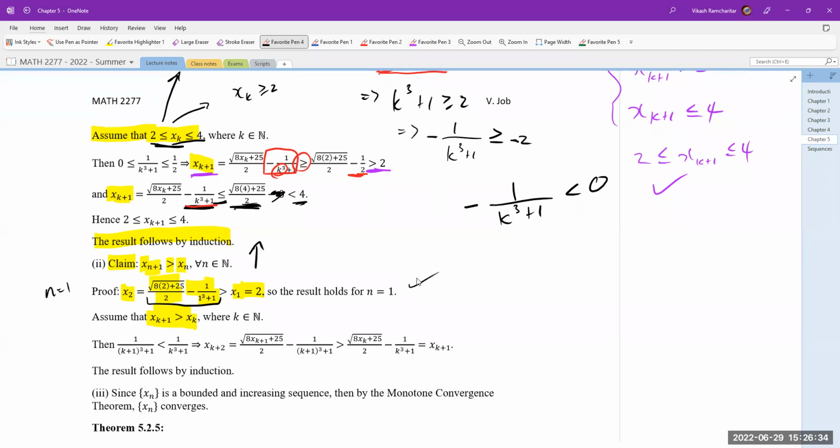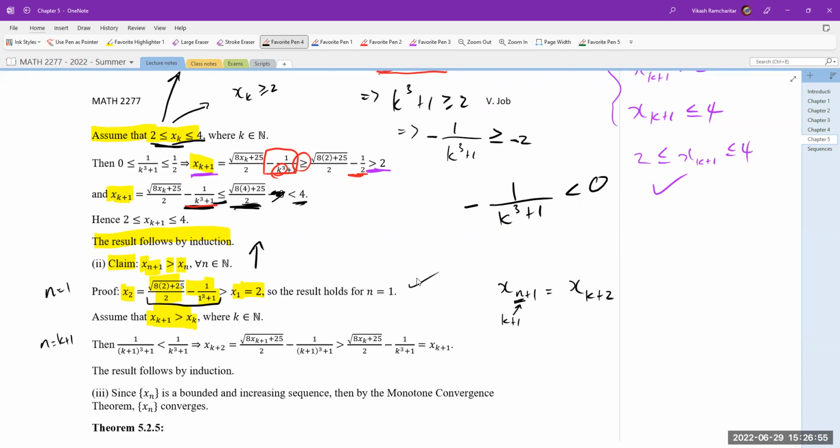Okay, so for n equal k plus 1, remember we're substituting that into x(n+1). So if we sub in k plus 1 for n, this gives x(k+2).